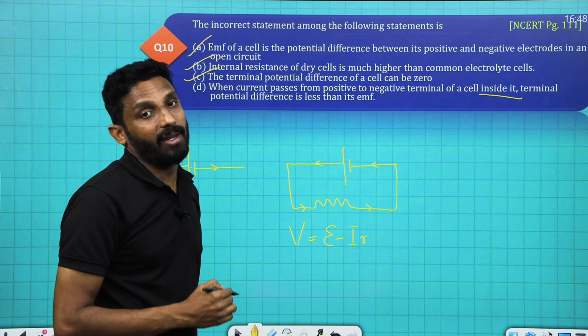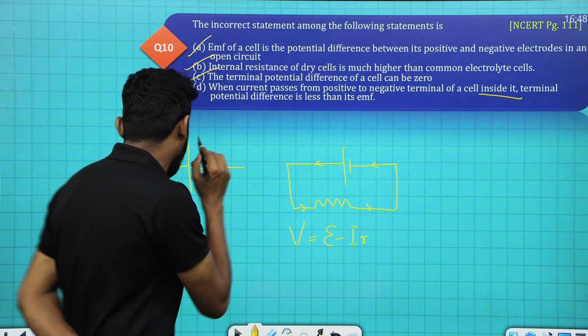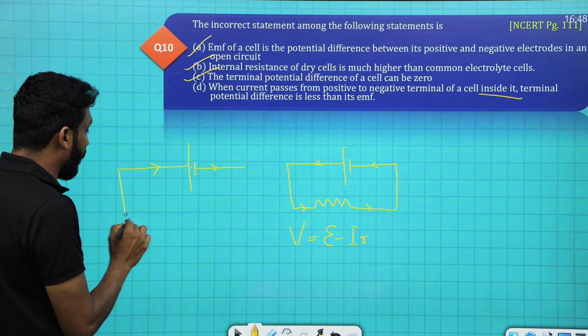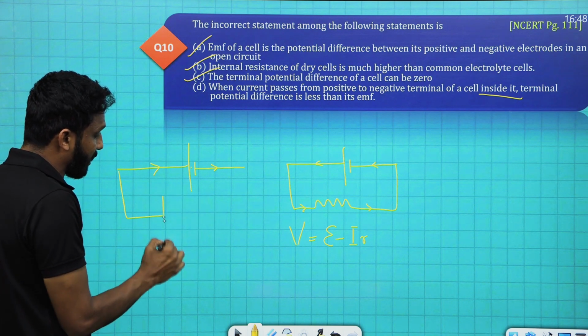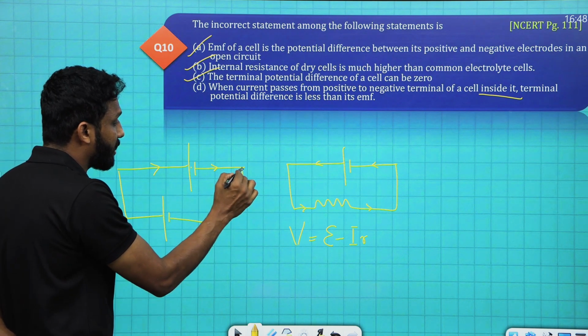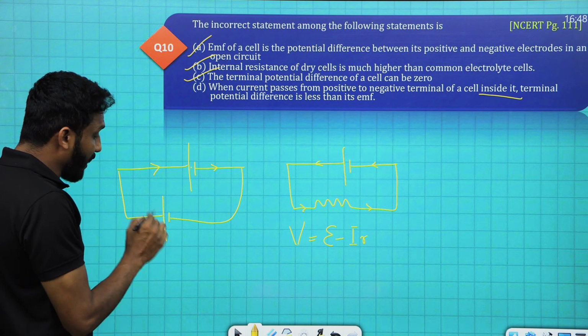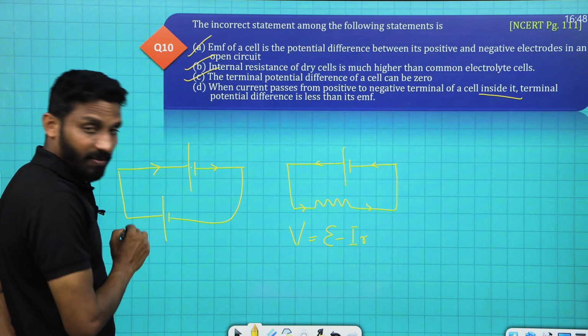Now in this situation, actually we are connecting this cell with another cell. Suppose this cell has greater EMF. Suppose a resistor R is also connected here.